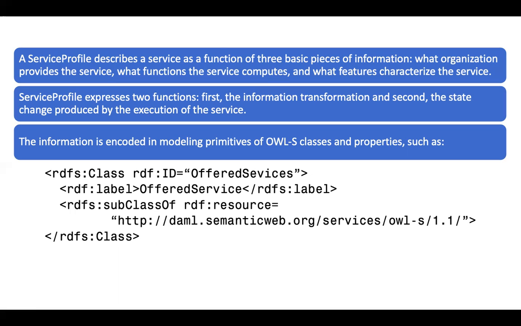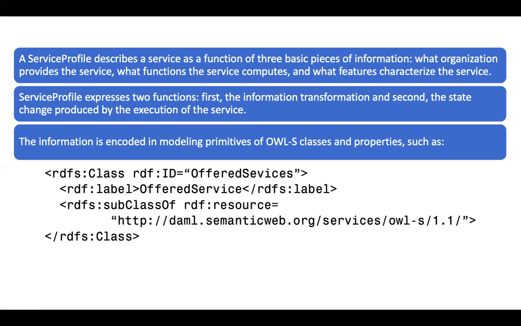The service profile expresses two functions. First is the information transformation, and second is the state change produced by the execution of the service. The information transformation includes the input and output properties of the profile. For example, a book selling service could require the buyer's credit card number and information on the book.